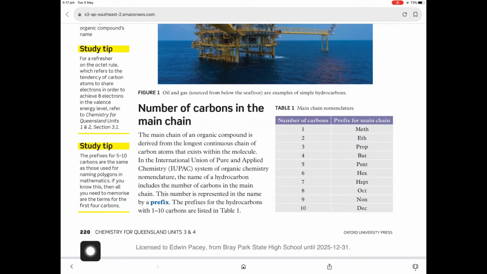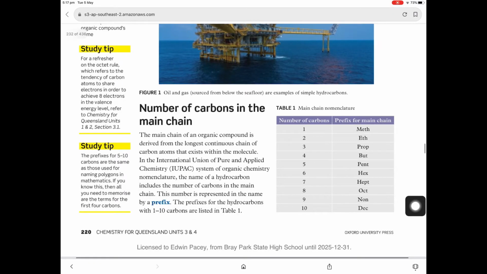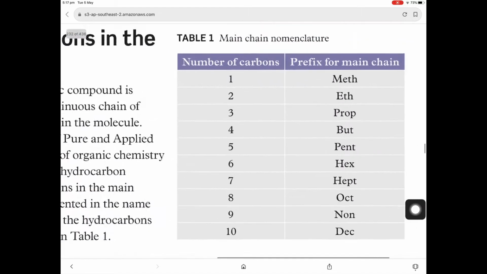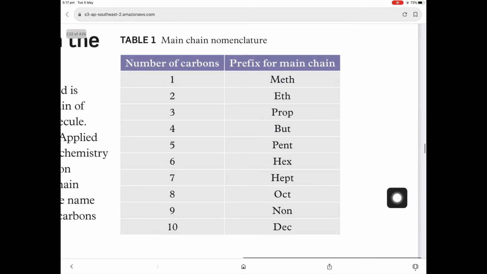So here we go at the bottom of page 220, and it says that the name of a hydrocarbon includes the number of carbons in the main chain, and that this number is represented in the name by a prefix. And here's the list of prefixes over here that you might remember learning last year in table 1.